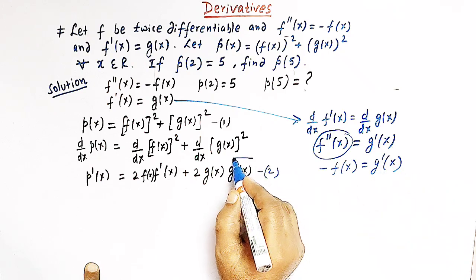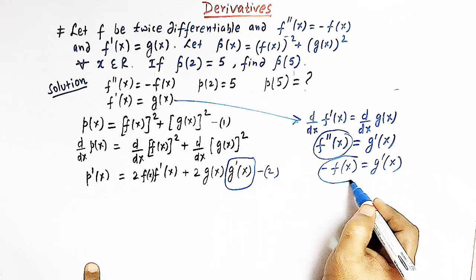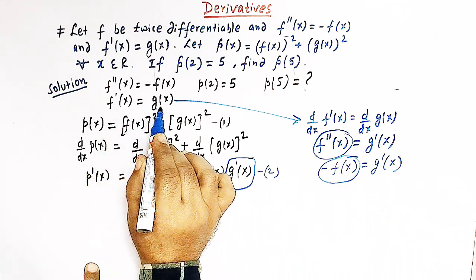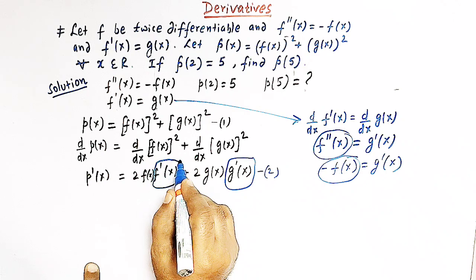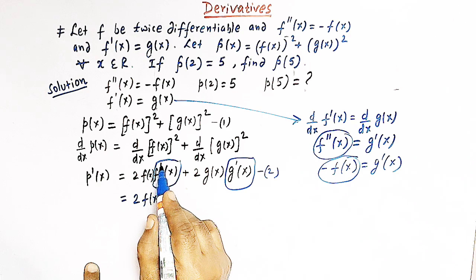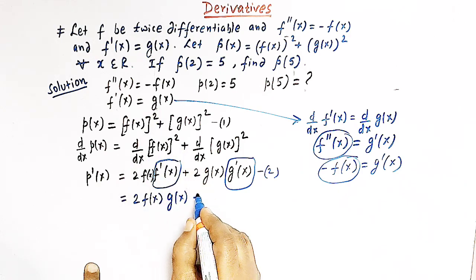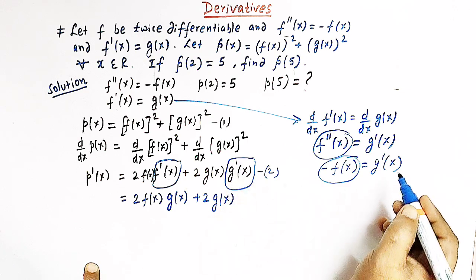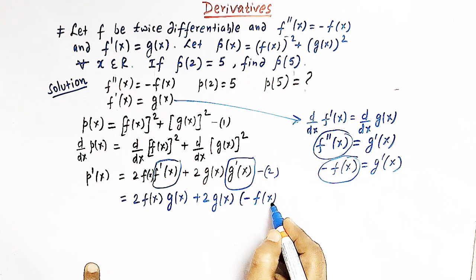So now what we will do, we'll replace this g prime of x by this one, that is negative of f of x, and f prime of x by g of x in this equation, right? So we have 2 times f of x. So f prime of x can be replaced by g of x, and then we have 2 times g of x, and g prime of x can be replaced by a negative of f of x.